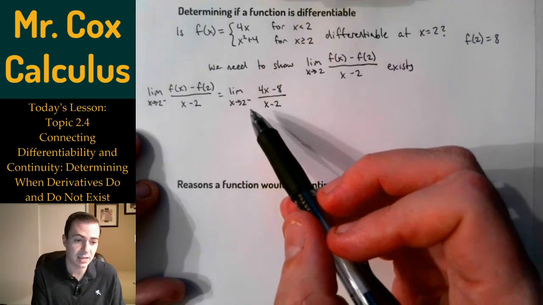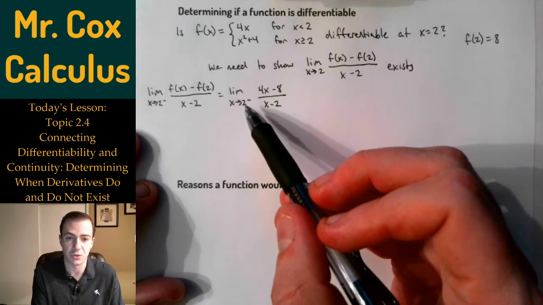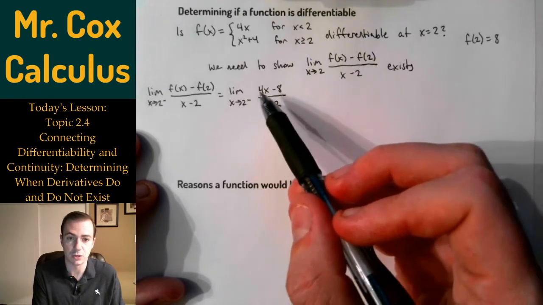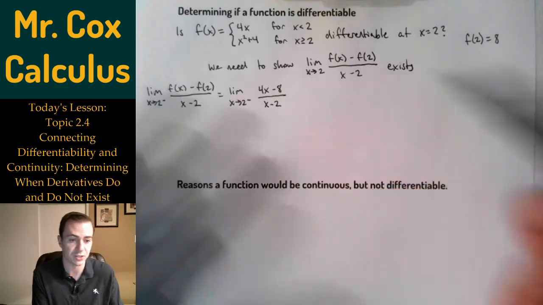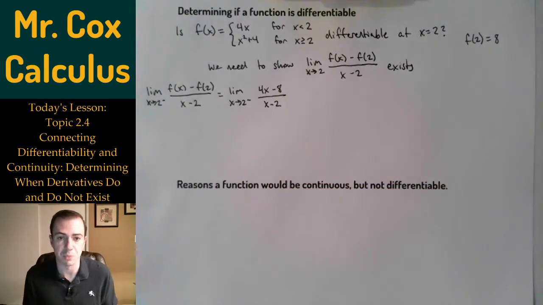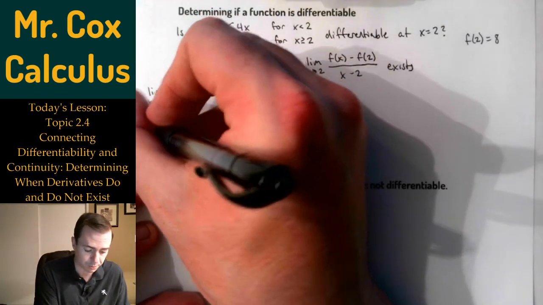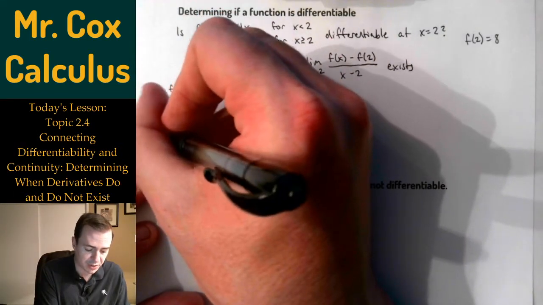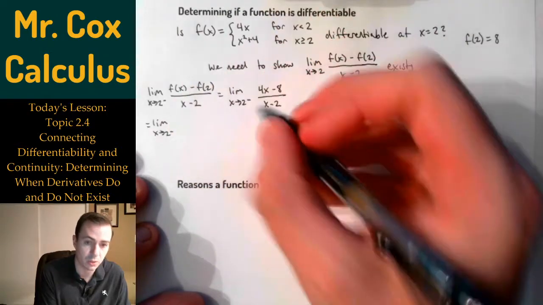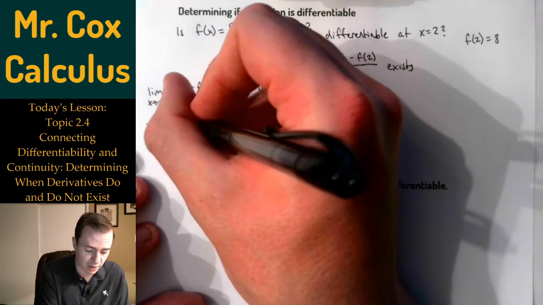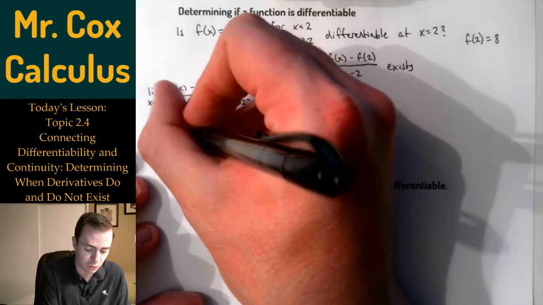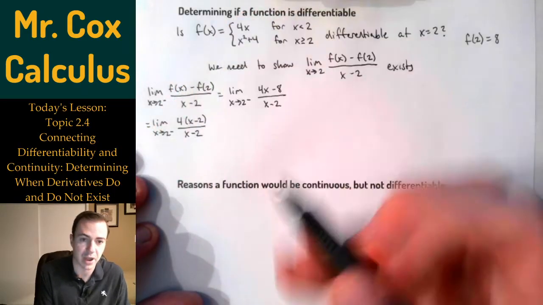Well, I can't evaluate it yet through direct substitution, because if I substitute in 2, I get 8 minus 8 over 2 minus 2, and I get that indeterminate form 0 over 0. But if I look at the numerator, I can factor out a 4 and say the limit as x approaches 2 from below, if I factor out a 4, I get 4 times x minus 2 all over x minus 2.